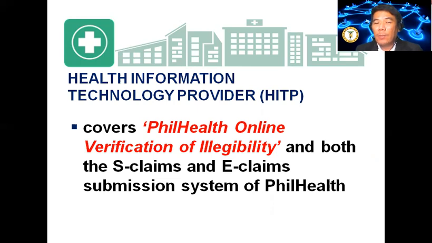The paper claims had been submitted as physical copies, and the electronic claims had been transferred online, which is part of the submission system of the PhilHealth. So we have the health information technology provider and it covers verification of eligibility.